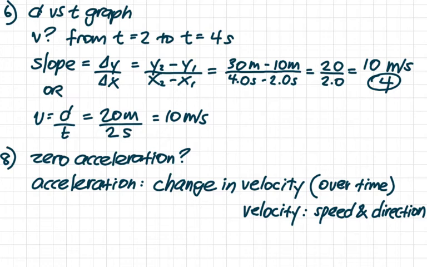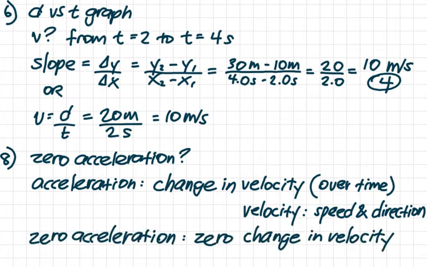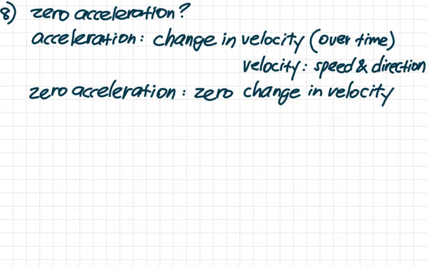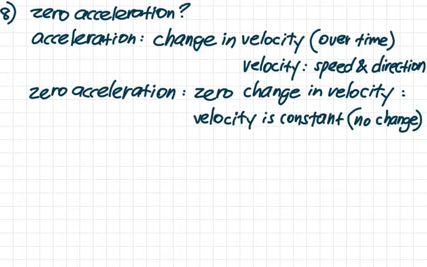But anyway, the problem said we had 0 acceleration. If acceleration is a change in velocity and you don't have any acceleration, that means there is no change in velocity, which means that our velocity is constant. Notice I said that the velocity is constant. I didn't say that it is constant.